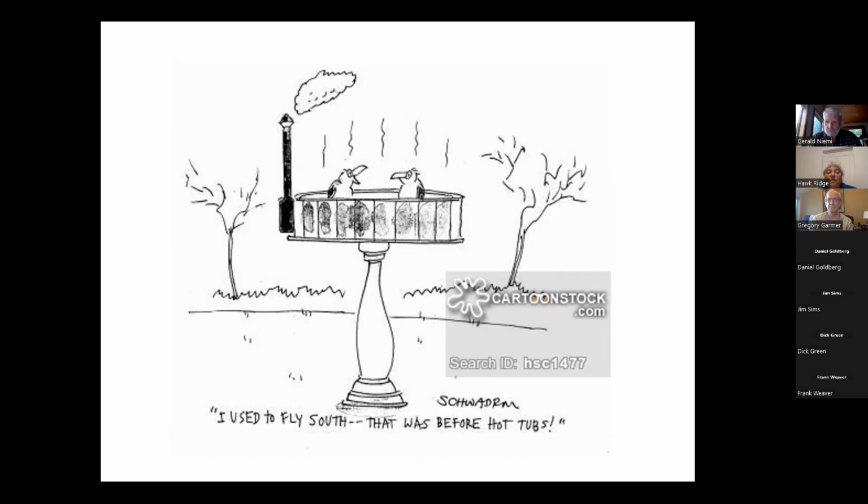We have a question from Alan: have we used eBird data in our analysis? The answer is no. eBird is still relatively young in some ways. But no, we haven't done that.